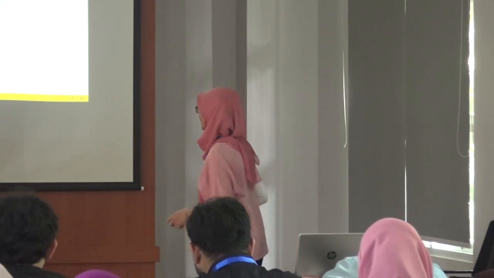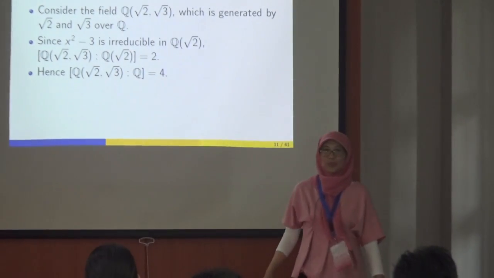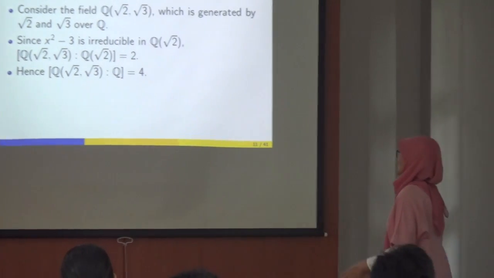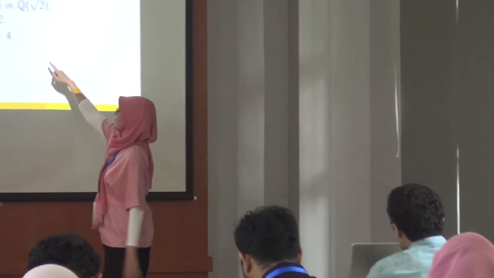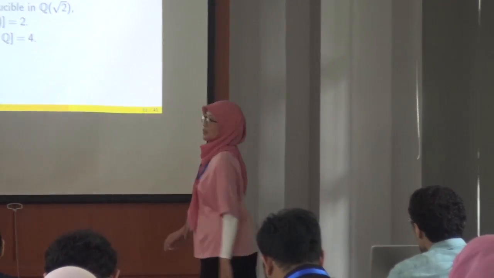You know the degree is 2, so the order or the dimension of this is 2. So this dimension is 4, because 2 times 2 is equal to 4.